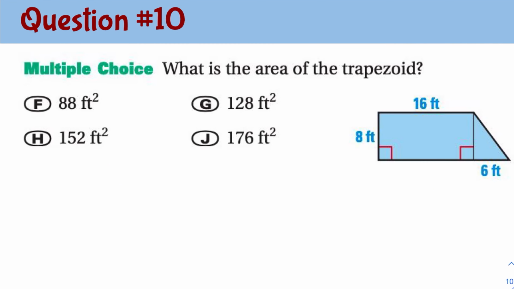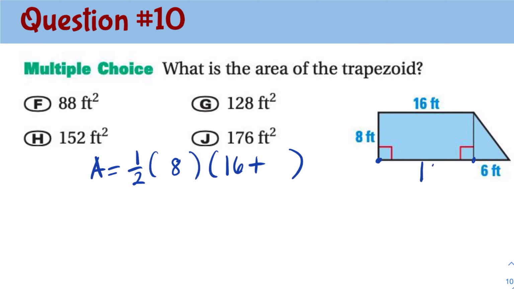Question number 10 is also a multiple choice problem. What is the area of the trapezoid? So here, same thing, the area is 1/2 times the height times the sum of base 1 and base 2. So the height here is 8 feet, base 1 is 16, and base 2 is 22, because this means from this point to here is also 16.